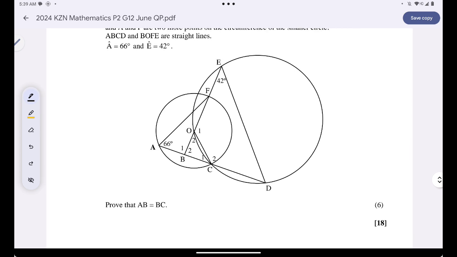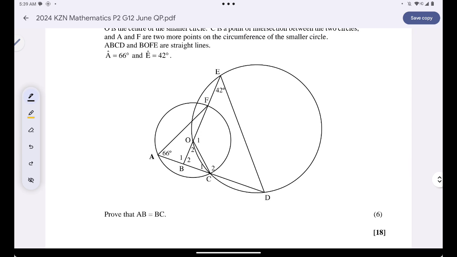So in this case, the known angle is angle A, which is at the circumference. It simply means we can find angle O1 by just using the theorem that says angle at center is 2 times the angle at circumference.